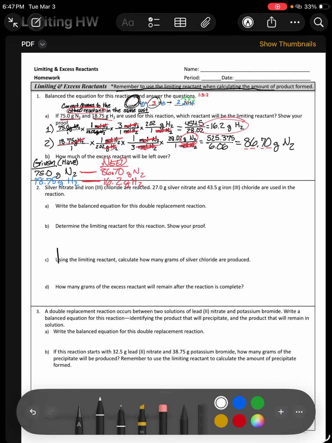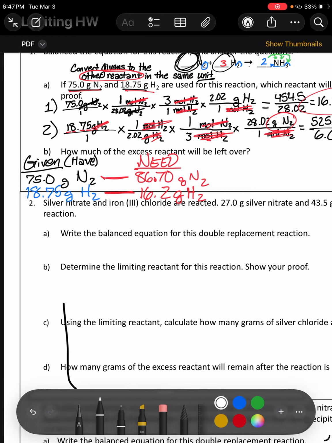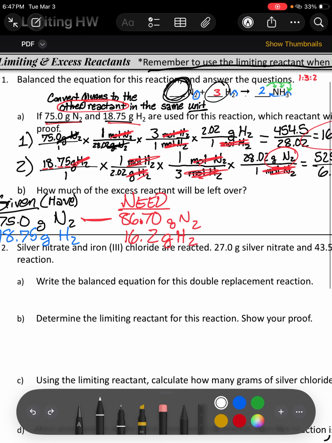Okay, which one do we have excess of? If we look, comparing these two numbers, we have how much? We have 75. How much did we need? 86.70. Do we have more than what we need of nitrogen? No. For nitrogen, we have less.